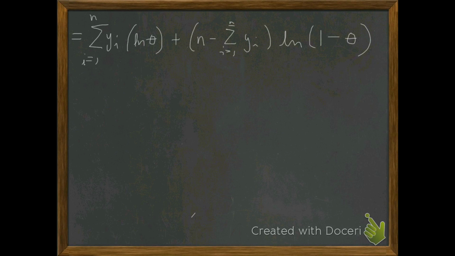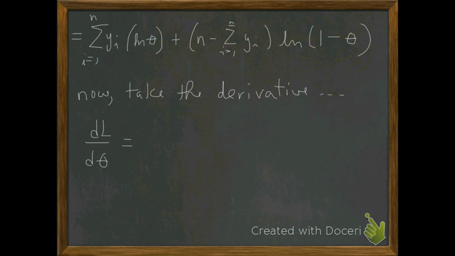Now what we want to do is take the derivative. So we'll take the derivative of L with respect to theta. So this is going to be the sum of the y sub i's.